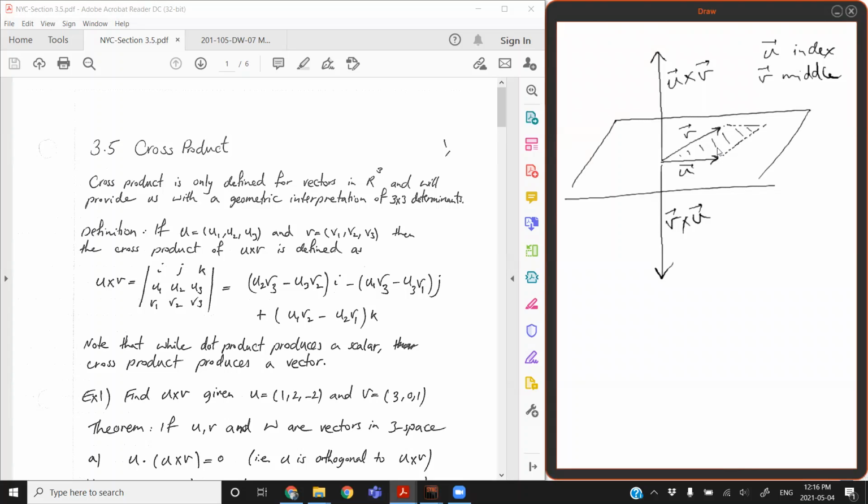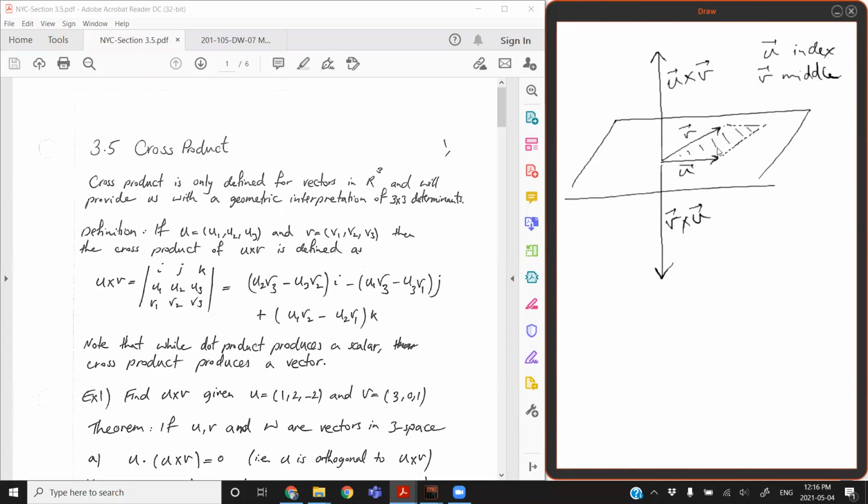And whether it's pointing up or down, you can determine using your right hand. You put your index finger along the first vector, your middle finger along the second vector, and then your thumb shows the direction of the cross product.